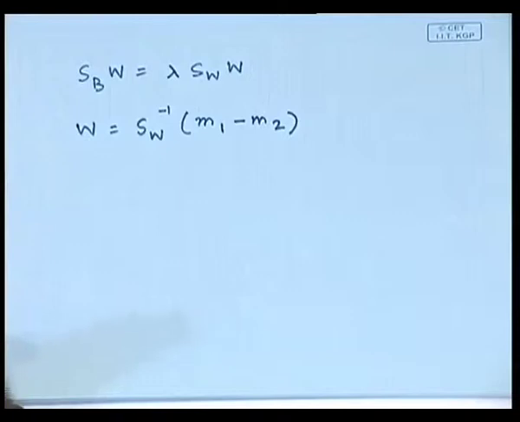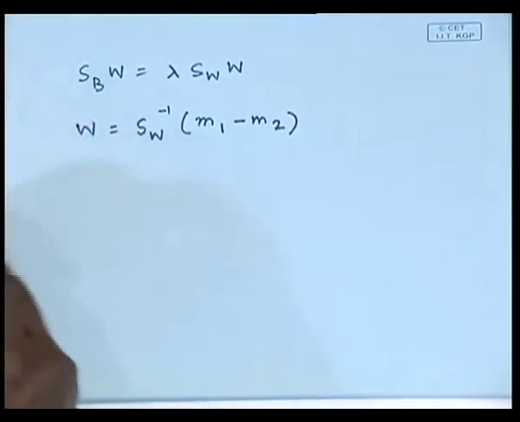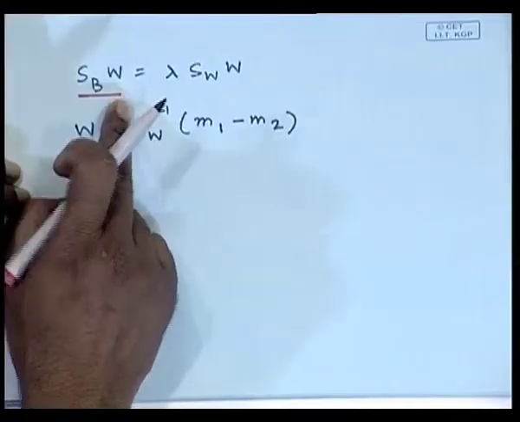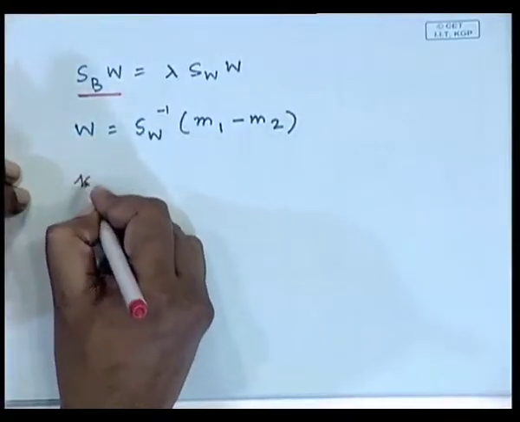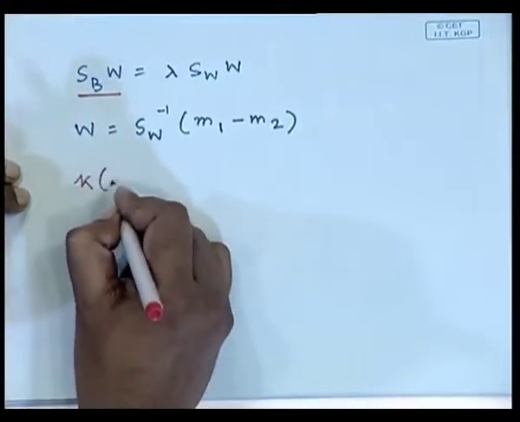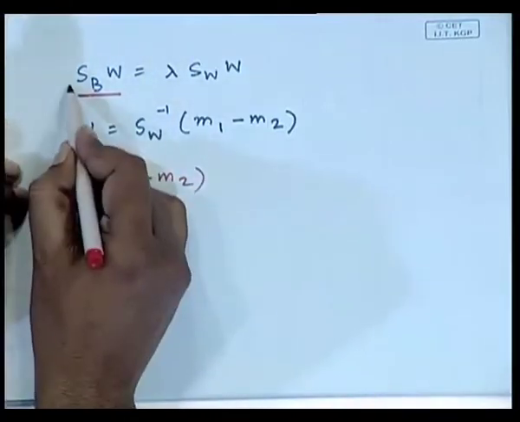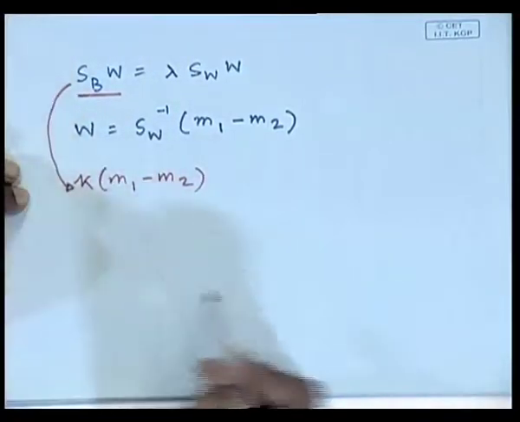Why is it so? Because as we said, SBW is a vector in the direction of M1 minus M2. So, I can write this SBW as some scale factor k times M1 minus M2, because it is a vector in the direction of M1 minus M2.